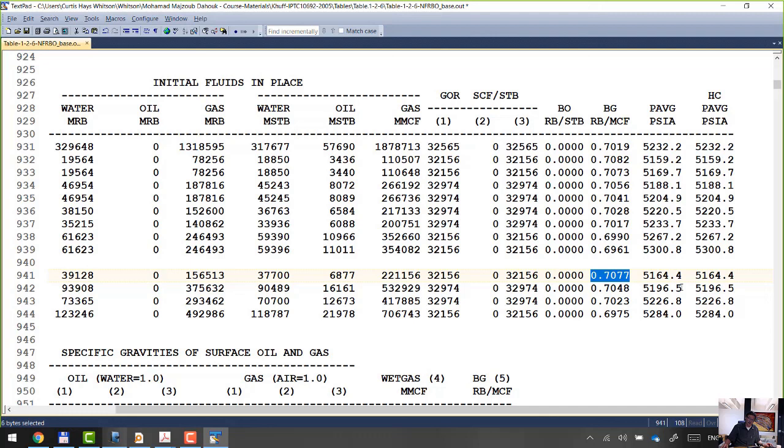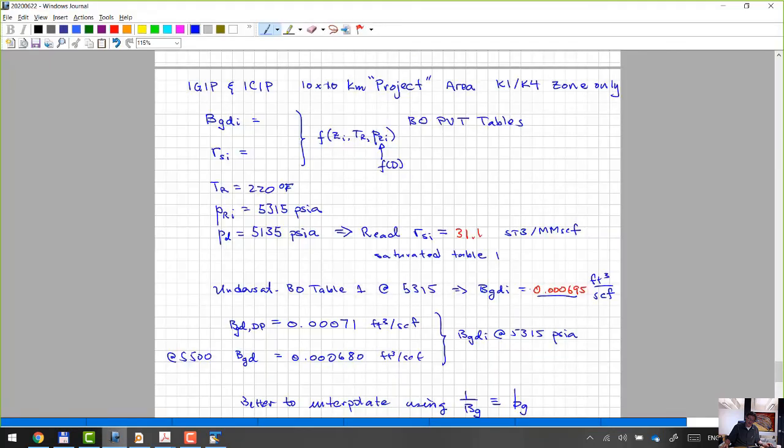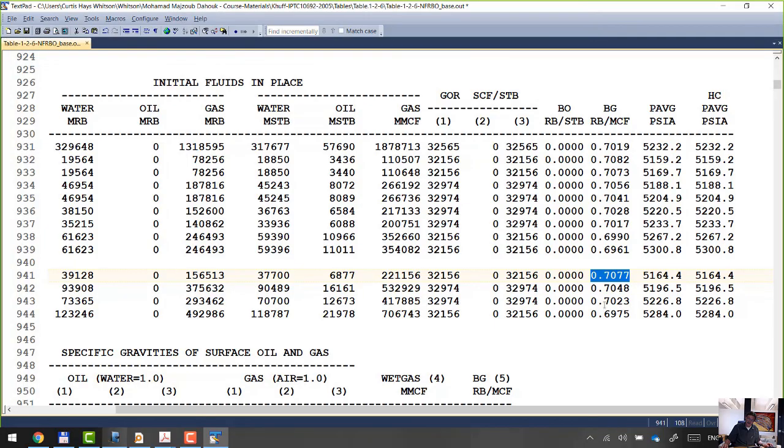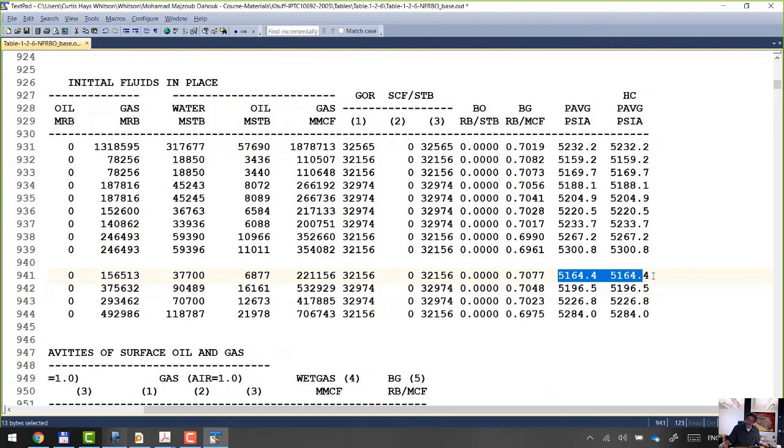That's pretty close to the dew point, actually. At the dew point, it was 0.00071, and here it's 0.00071. So basically, it's essentially saturated at the dew point initially, because this reservoir pressure is just above the dew point.